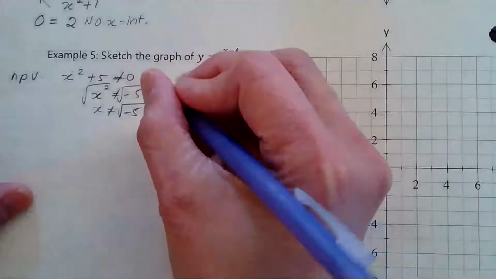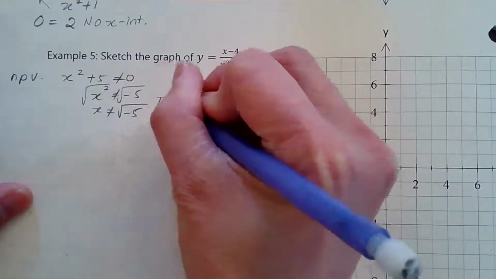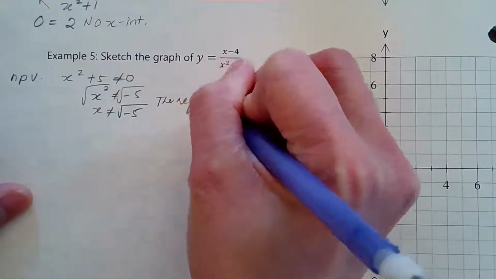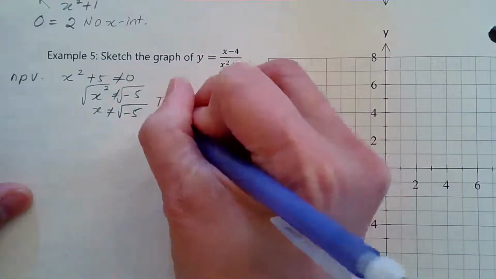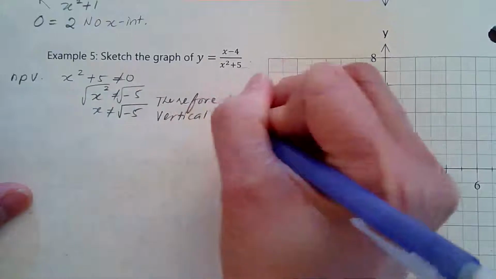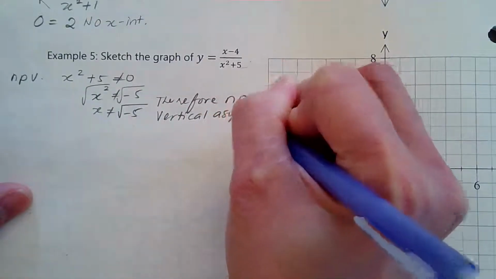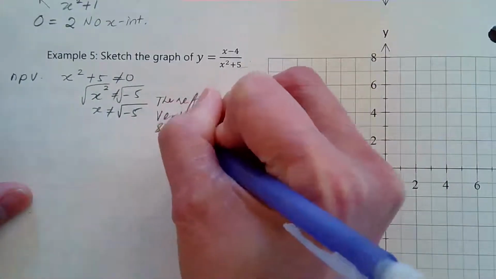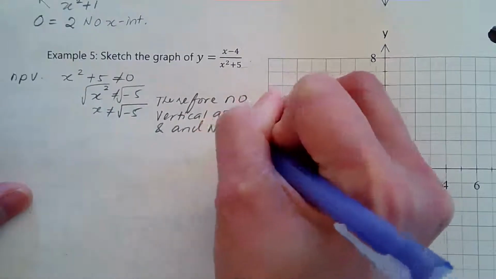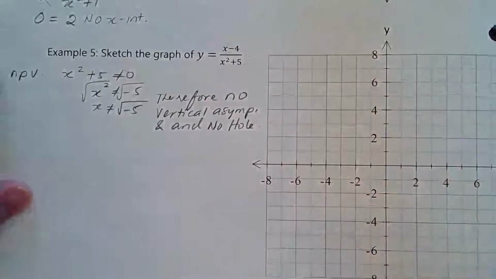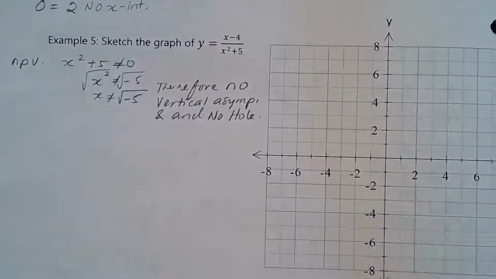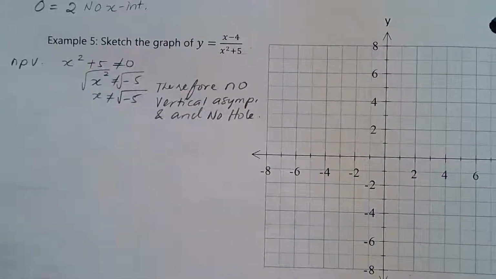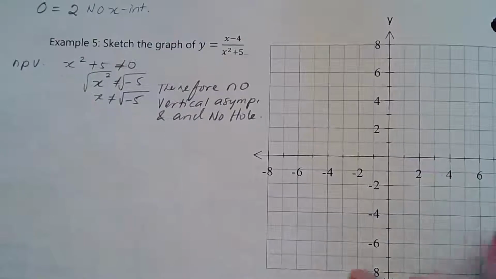So that means we can conclude that therefore no vertical asymptote and no hole. Okay, good. No vertical asymptote and no hole. Now, what about the horizontal asymptote?